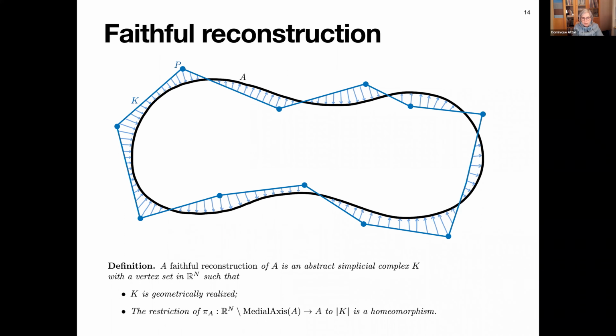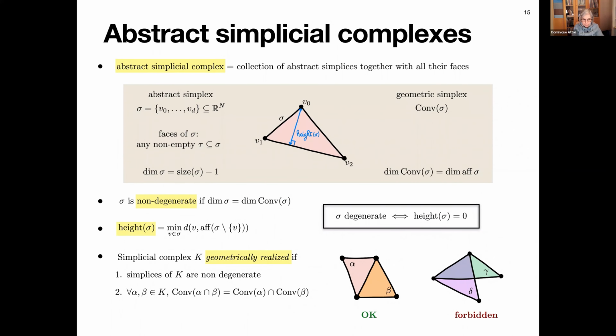Okay, so I've been told that maybe I should give definitions. So I just recall here that we consider simplices that are abstract. We find it convenient. So an abstract simplex is just a finite, non-empty collection of points.